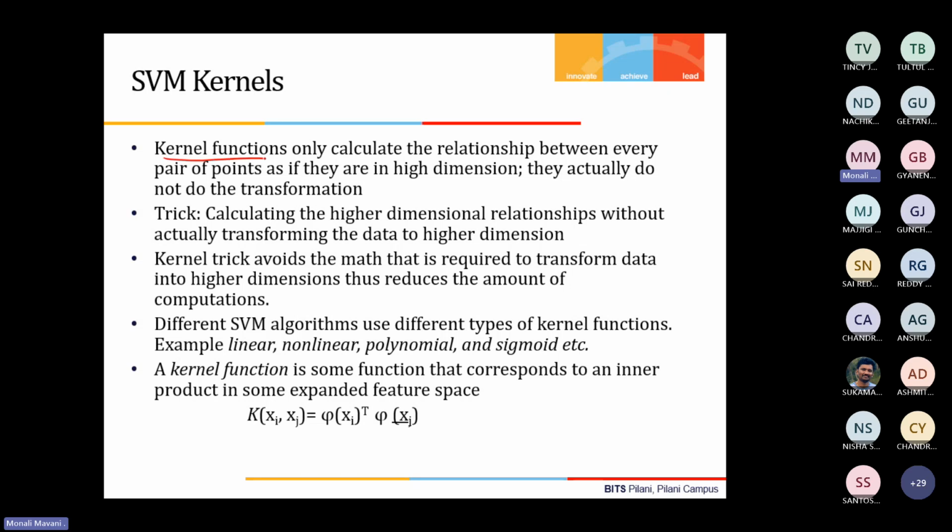They only calculate the relationship between every pair of the original data points as if they are in some high dimensional space. Using the kernel function, they do not do any transformation. Mathematically, the kernel function mimics the behavior of performing a dot product in some higher dimensional space.